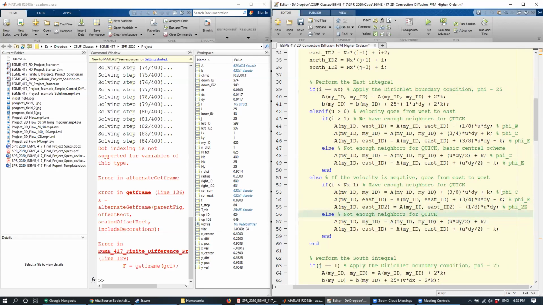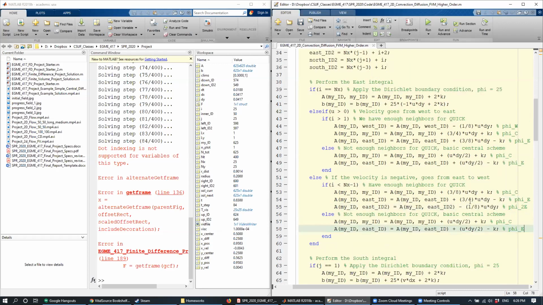And just like we saw above, if we don't have enough neighbors for CLIQUE, then we fall back on a basic scheme. This basic scheme is our basic central scheme, so it has coefficients for phi sub C and also phi sub E.